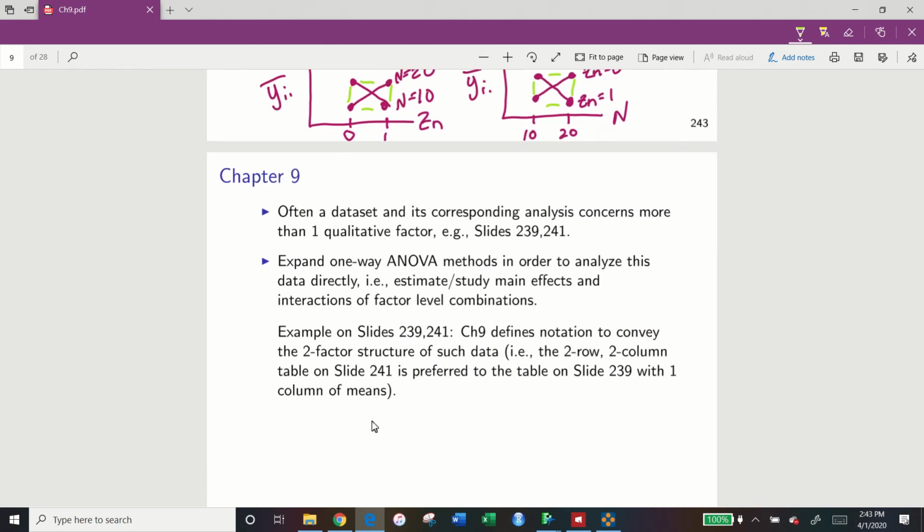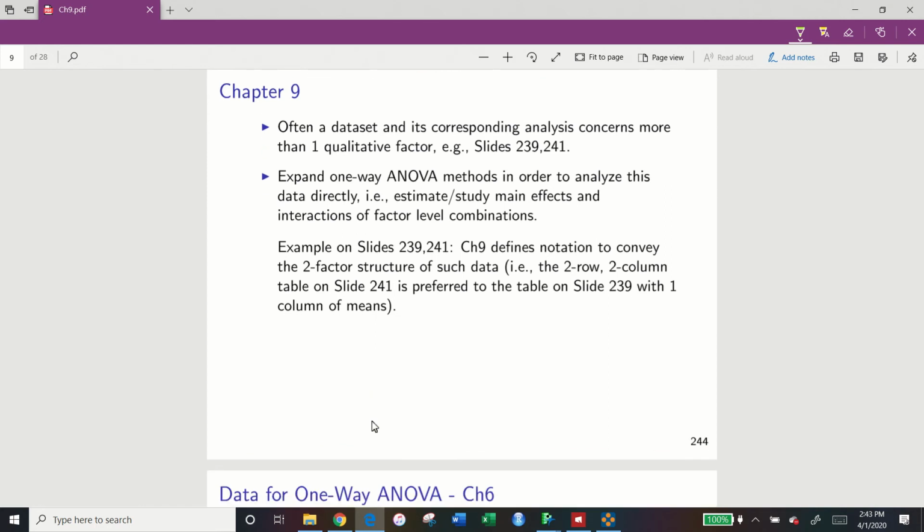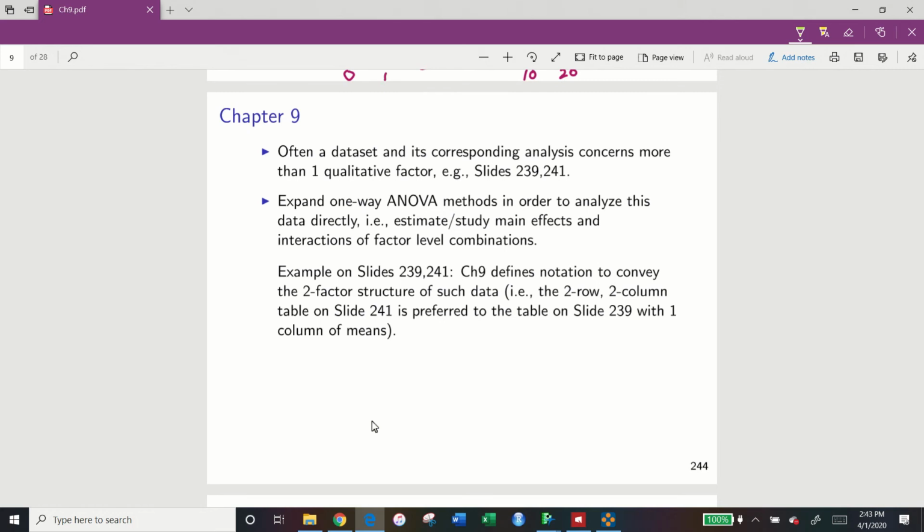Now let's take a look at some more information that we need for Chapter 9. So often a data set and its corresponding analysis concerns more than one qualitative factor. So for example, what we saw in slides 239 and 241. In order to deal with that, we must expand our one-way ANOVA methods in order to analyze this data directly, meaning we need to estimate study main effects and their interactions of our factor level combinations.